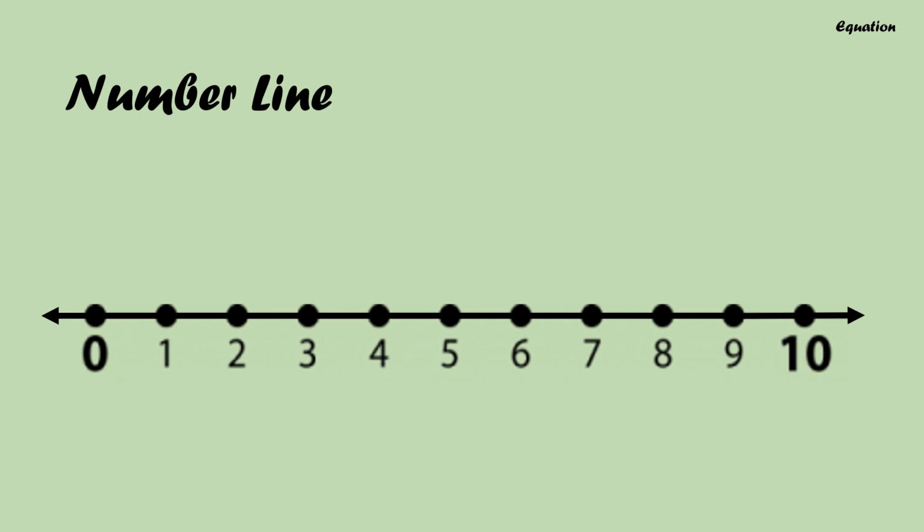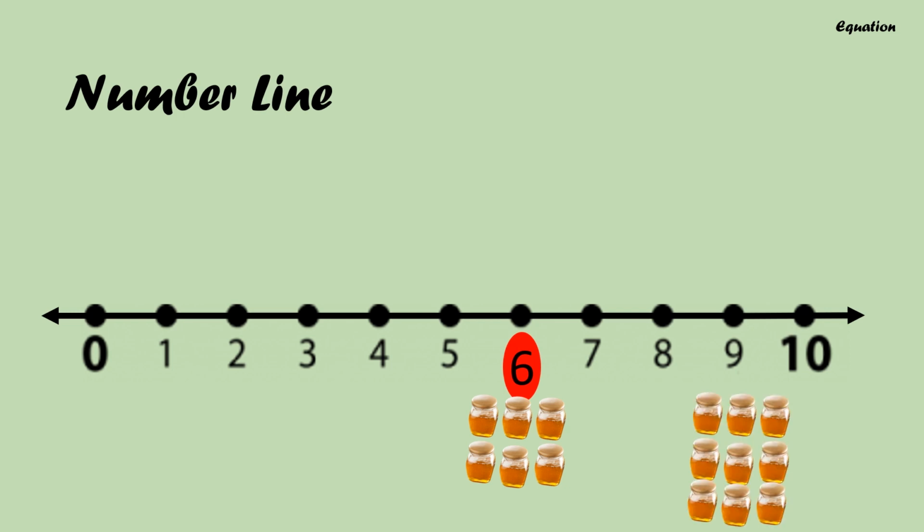We can also represent our work by using the number line. And here is the number line. Mrs. B produces some honey jars, but we don't know how many jars. Her friend produces 6 jars, and they both produce 9 honey jars.